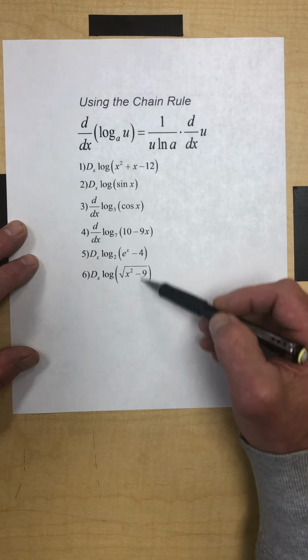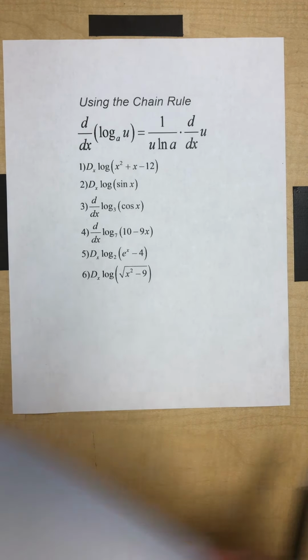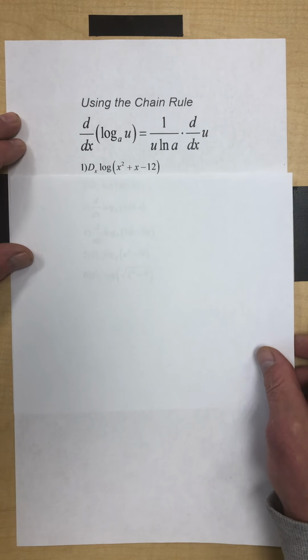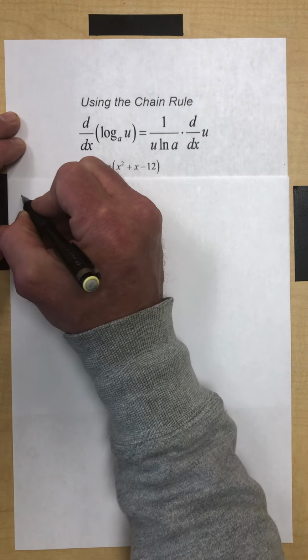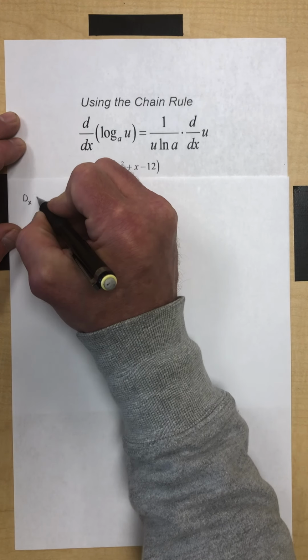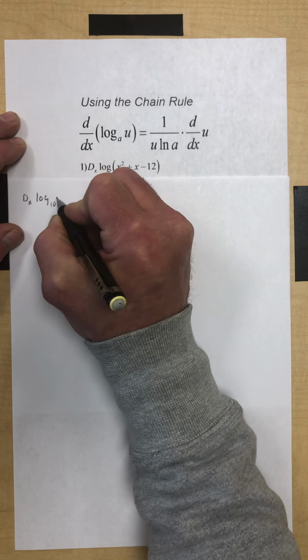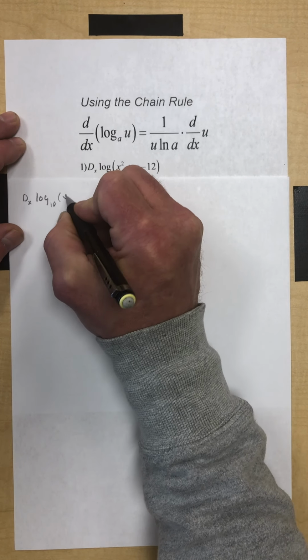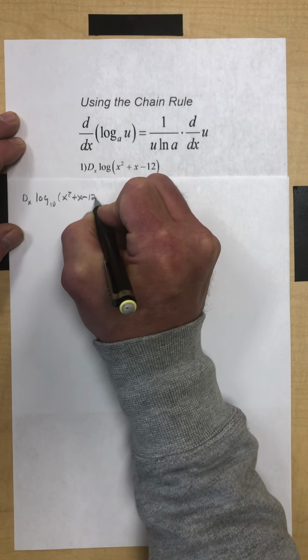So a lot of these guys down here, we just take a look at some of these guys. They're relatively easy to do. It's just applying a formula once again. So if we do this first one, we have the derivative of log, notice that's the common log, log base 10, of x squared plus x minus 12.